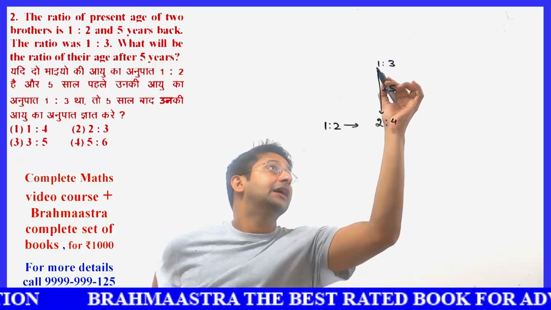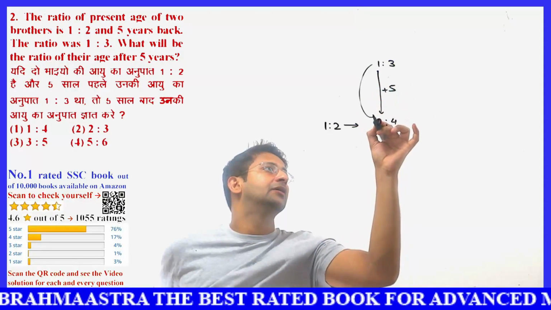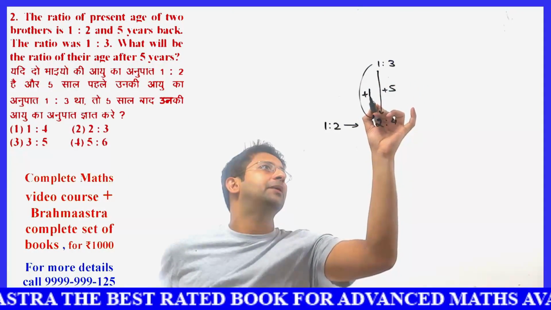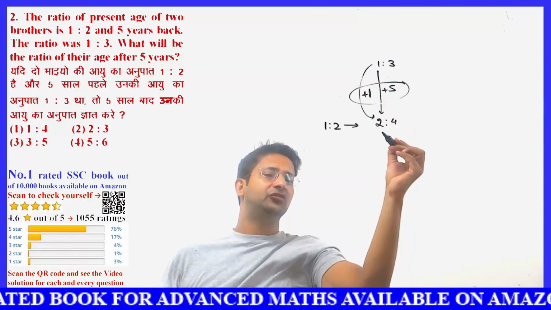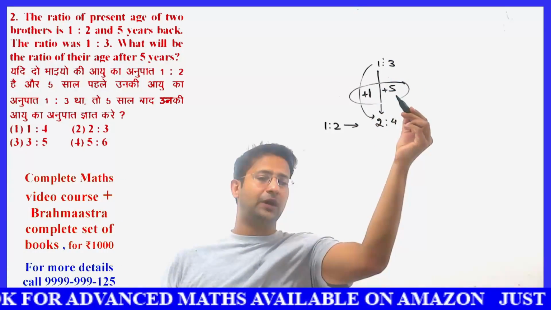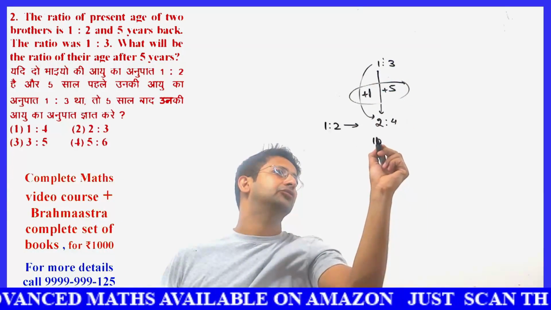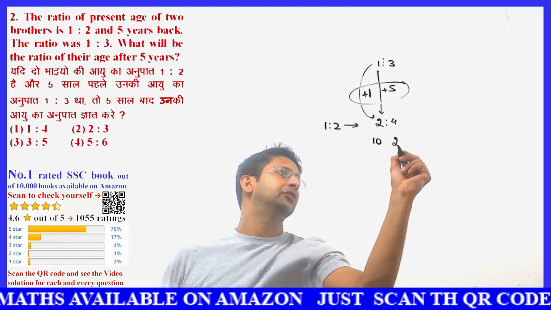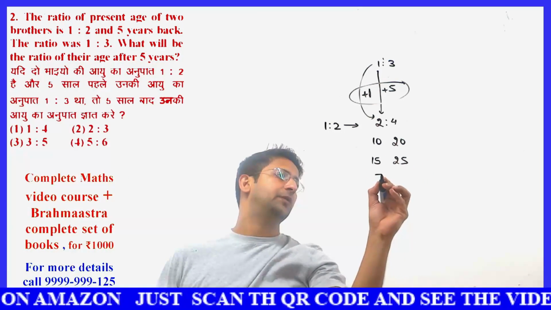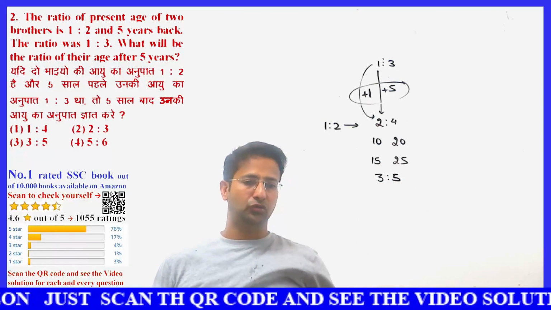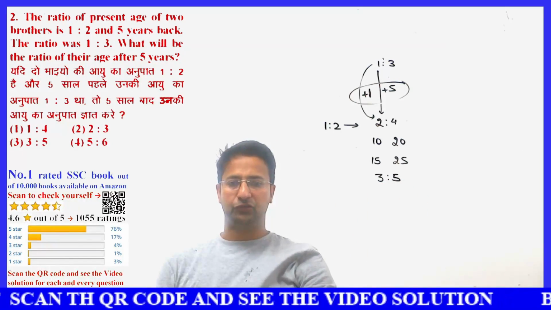It means here there is an addition of 1 part. So when there is addition of 1 part, this 1 part is equal to 5. This 1 increases to 2. There is an increment of 1. So this 1 is equal to 5 years. So that means this 2 becomes 10. This 4 becomes 20. After 5 years, it will be 15 and 25. The ratio becomes 3 is to 5. Let me move to the next question.